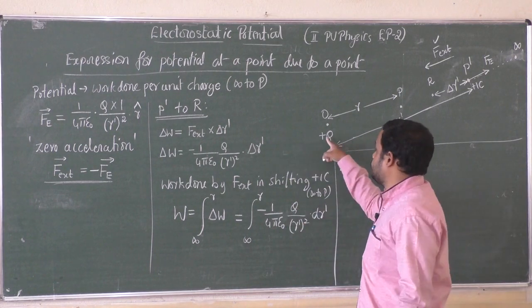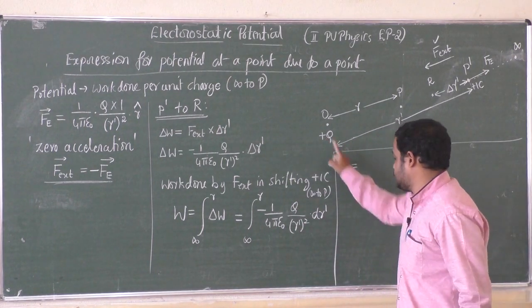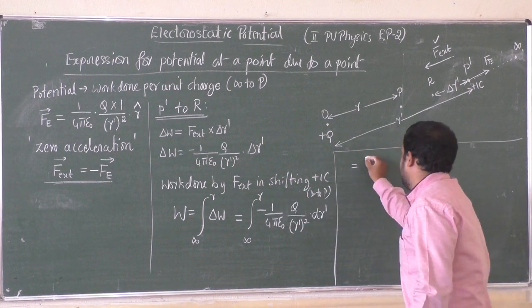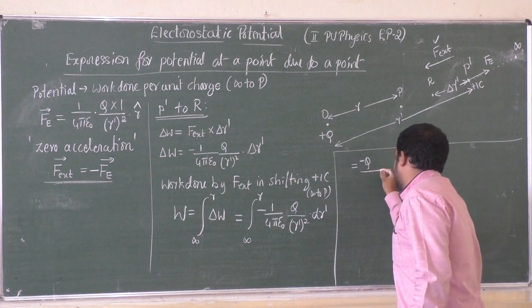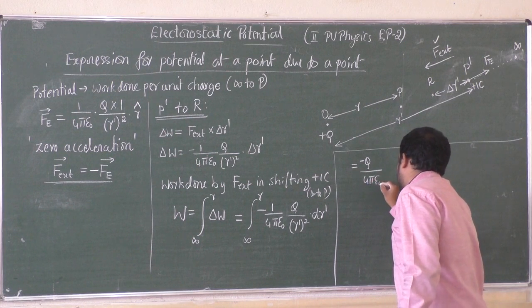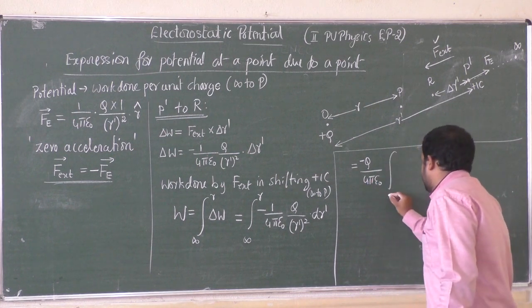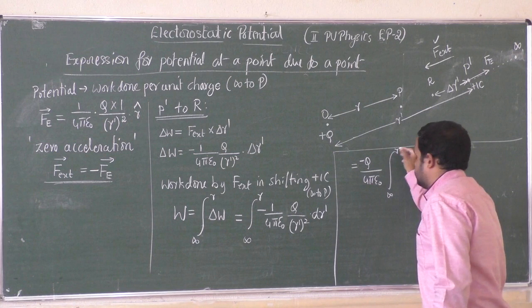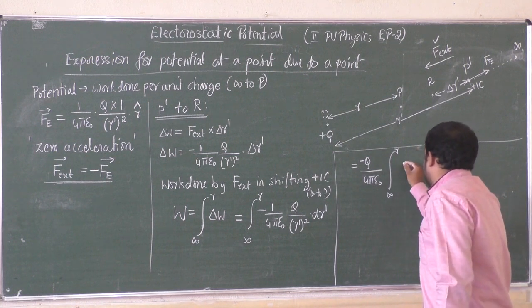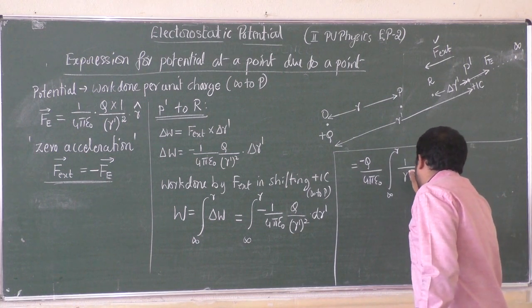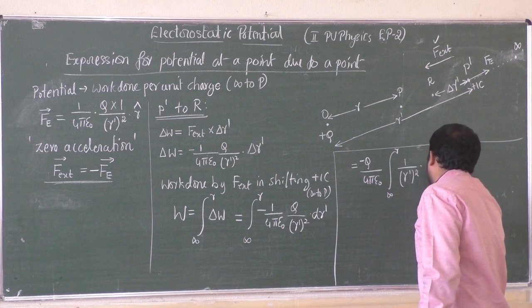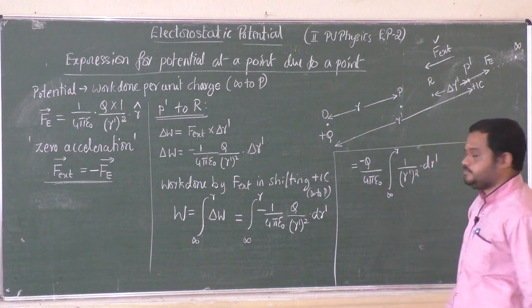Q, the magnitude of the source charge, is also constant. Take the common terms outside: minus Q divided by 4 pi epsilon naught into the integral from infinity to r of 1 by r dash square into dr dash.